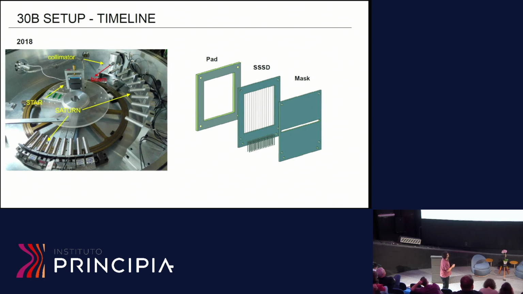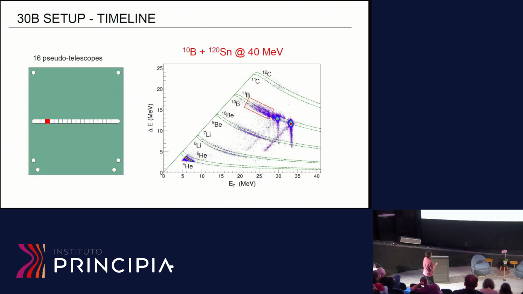And then we could buy a very thick detector, about 1,000 micrometers. By combining this and this, we have these telescopes with 16 relatively large detectors. And we decided to put a mask in front of this just to restrain this area here. By repeating the same experiment, we could produce this very nice spectrum.